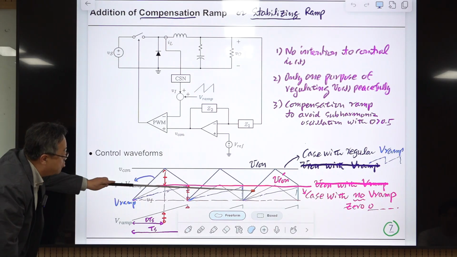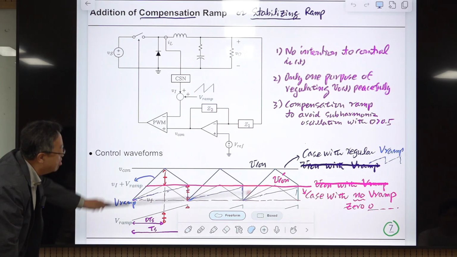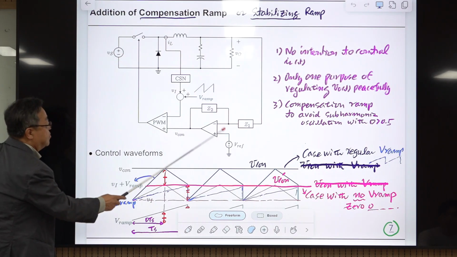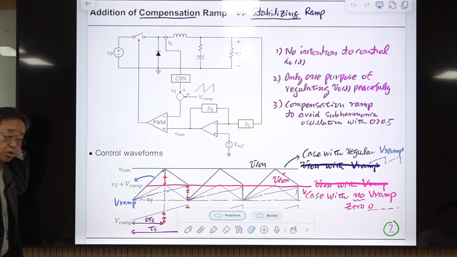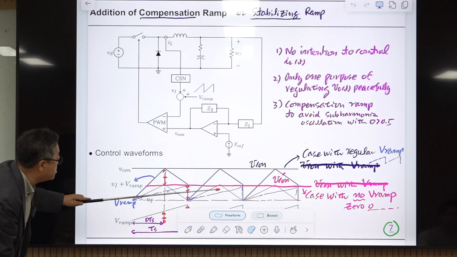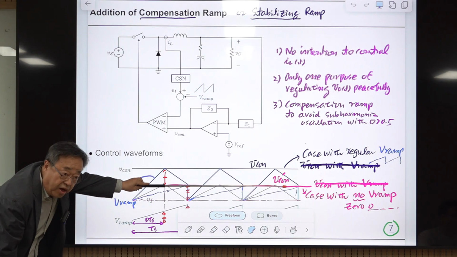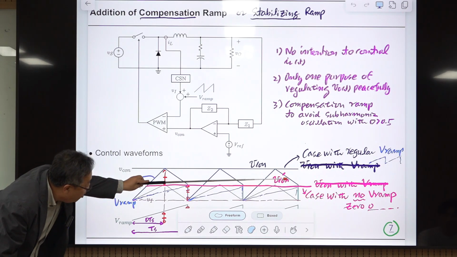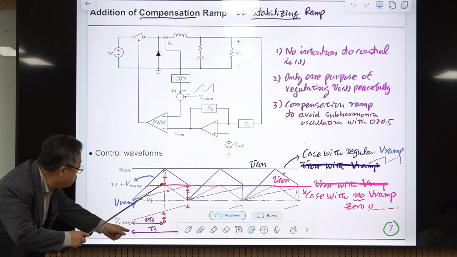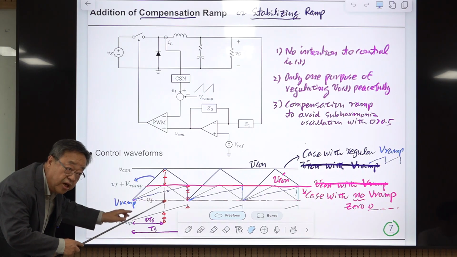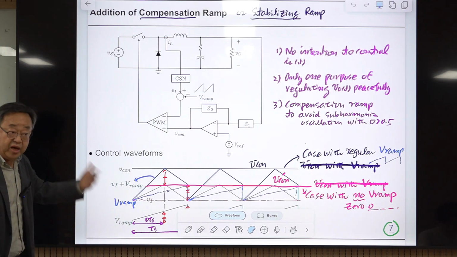Then to make the duty ratio, let me assume this is 10 and this is 5, then the duty ratio should be 0.5. Then this control voltage V con prime will be here, which makes the duty ratio 0.5. Then our voltage will be 5.